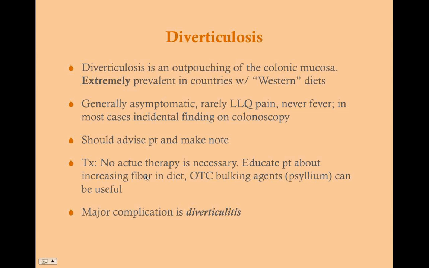And that's basically what happens in diverticulosis: a pressure develops in the large intestine, usually in the sigmoid colon, and it causes part of the lumen to outpouch into the surrounding space.